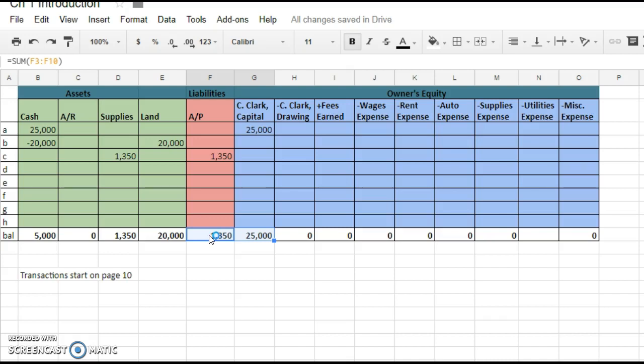D. Net Solutions received cash. So if you received cash, you have more cash. But why did they receive more cash? $7,500 for providing services to customers. So you have more cash, but you provided a service, and usually we've been putting that in the capital and telling why we affected the capital. Well, this one we know this was an investment. That's the only reason we'll use the capital, but this time we provided a service. And our service is fees revenue.